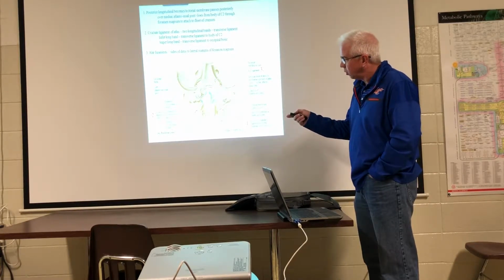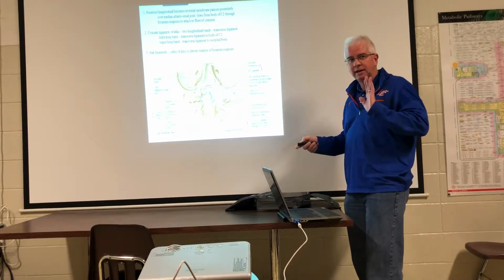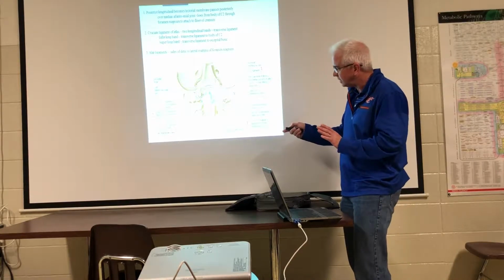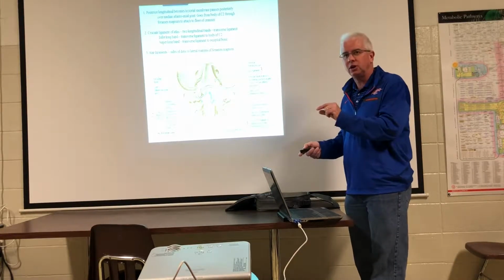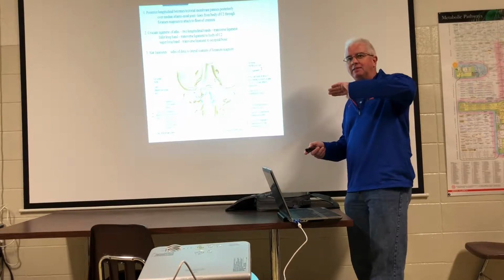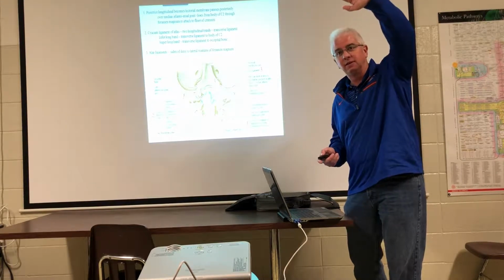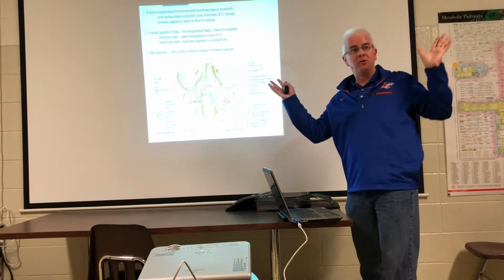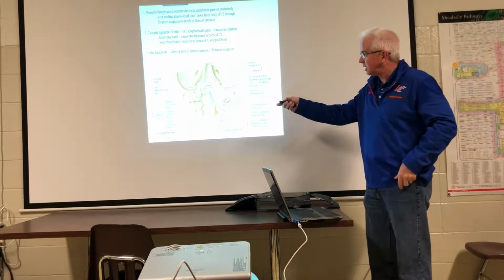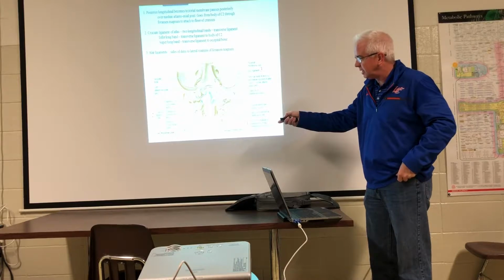And so, what I've done here, as I'm getting deep, is I have cut the posterior longitudinal ligament as it's running across where the dens is to the occipital bone, and I've removed it. So it's been cut here, and it's been cut here.